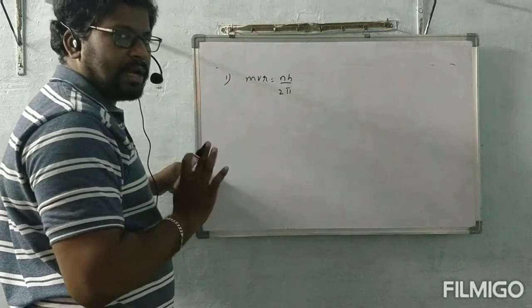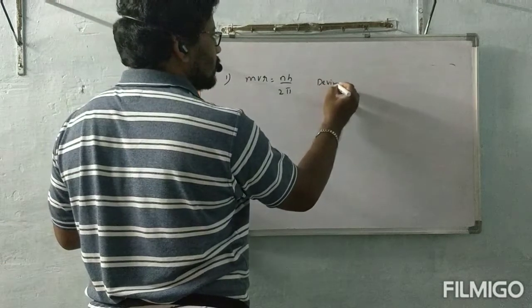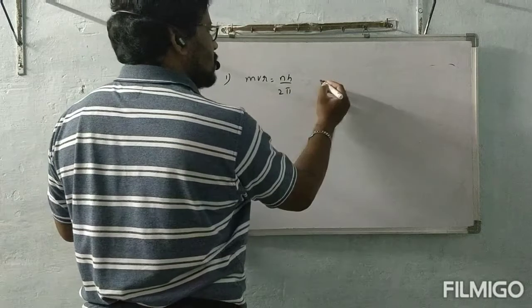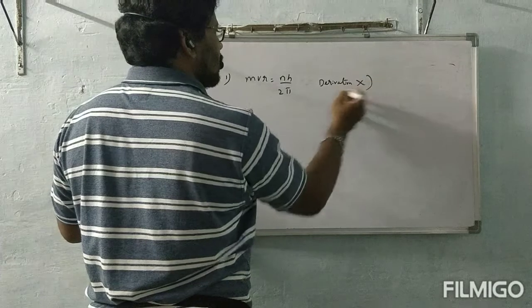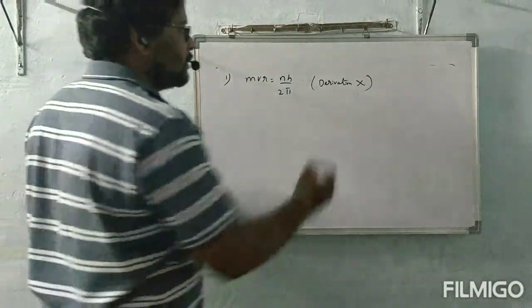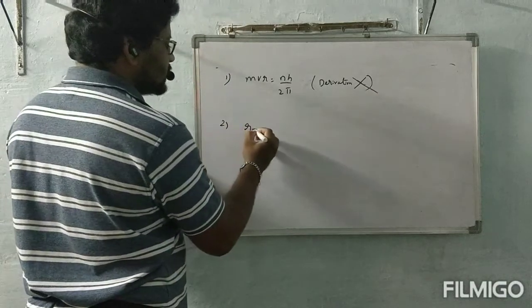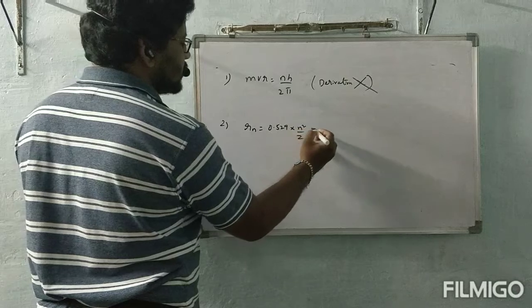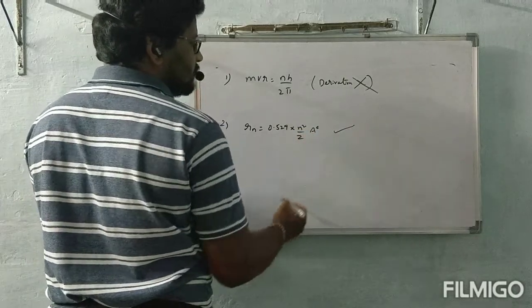Formula alone he gave, derivation was not given. Second one, radius of nth orbit 0.529 into n square by Z angstroms. Derivation was also given.